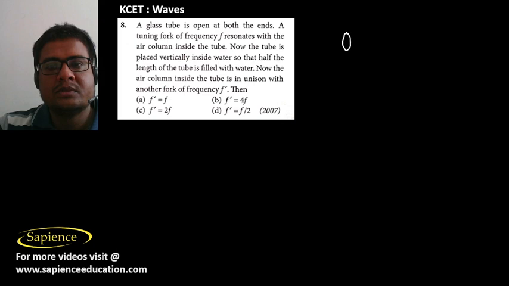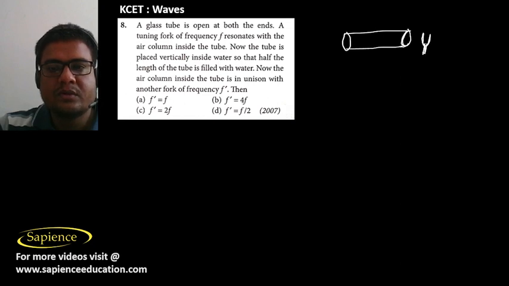The glass tube is open at both the ends, and here we have a tuning fork, which will produce some sound that will resonate with the air column inside. Now the tube is placed vertically inside water so that half of the length of the tube is filled with water.